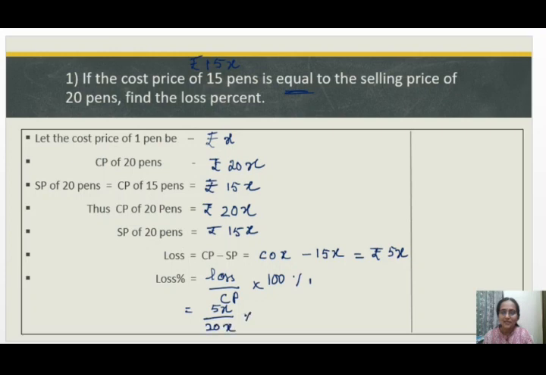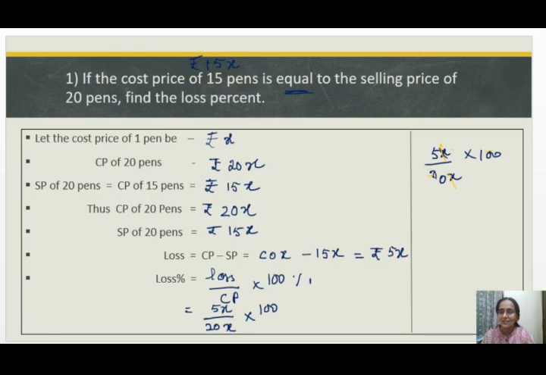It is 20x into 100. Let me write here in the rough area. 5x divided by 20x into 100. x is cancelled here.